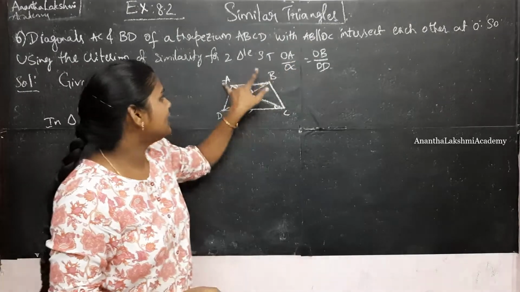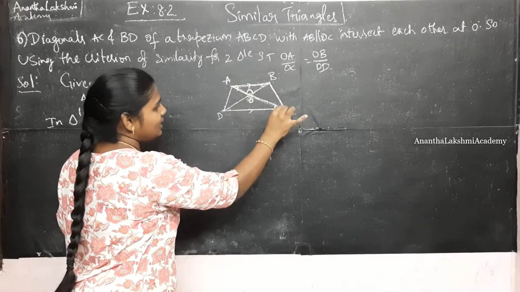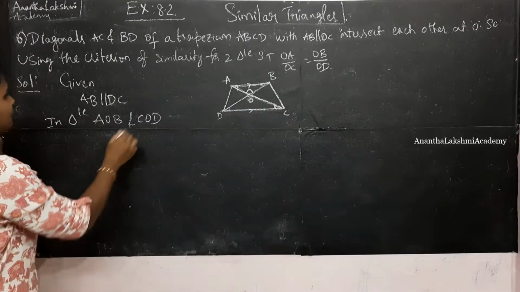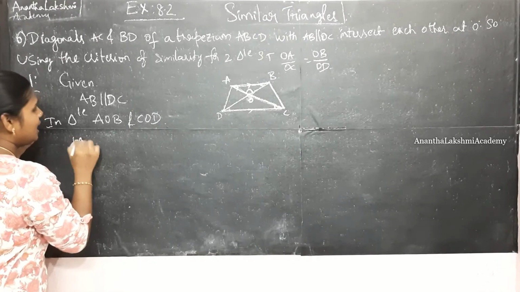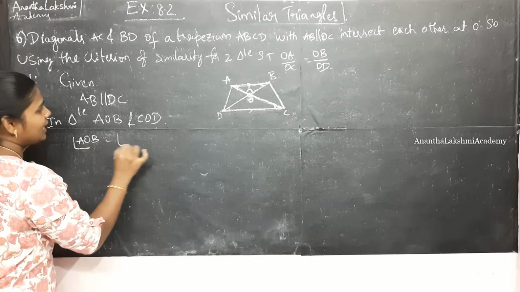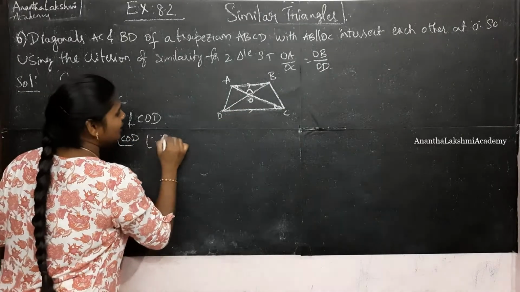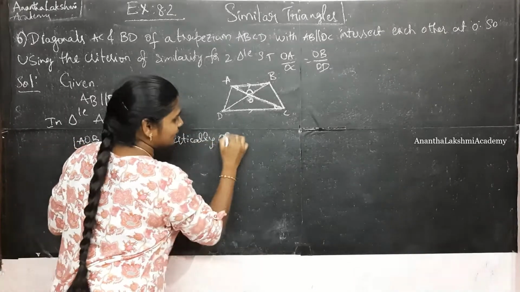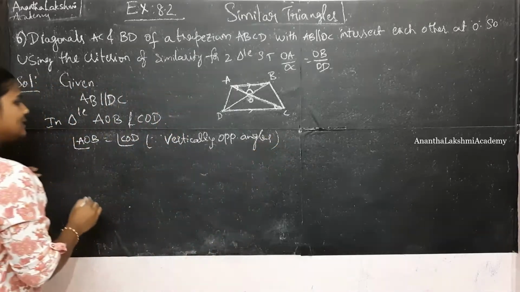Remember, AB is parallel to CD. So here, angle AOB is equal to angle COD. I told you, right? Why? Because they are nothing but vertically opposite angles.